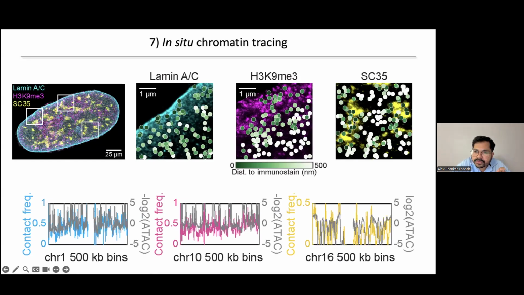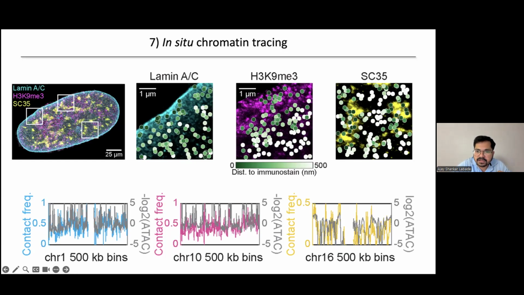And we can then find out the distances for every bin. In this case, we have used 500 kb bins. So we can bin the chromosome into 500 kb bins and look at its distance from the particular mark. What we found is that it correlates very well with the ATAC score, where ATAC means more open chromatin. We have ATAC for the same cells, and it tells us the ATAC score of each bin: the higher the ATAC score, the more open that DNA fragment is.